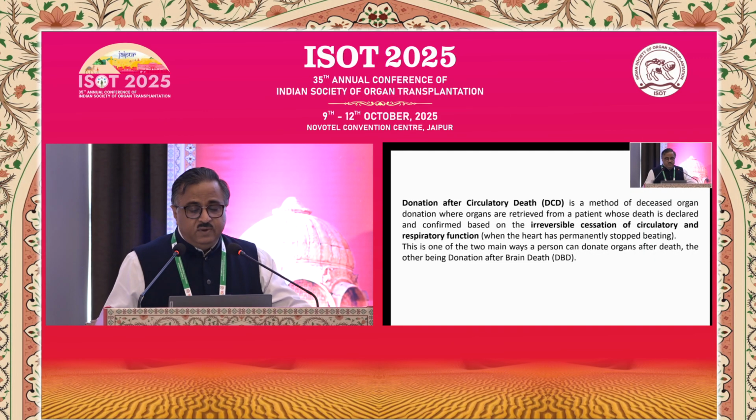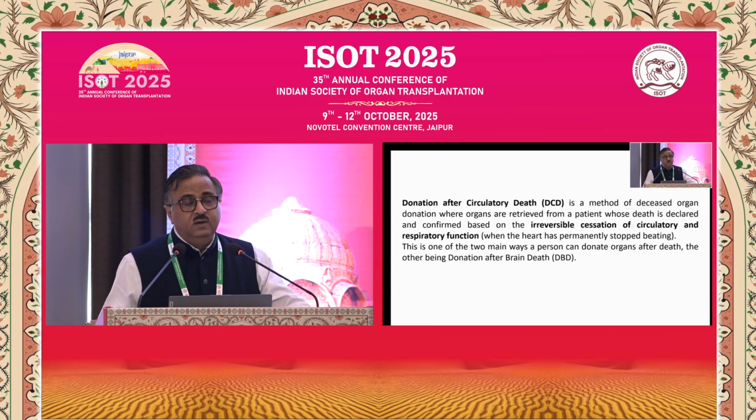So donation after circulatory death is a method of deceased organ donation where organs are retrieved from a patient whose death is declared. It means what we do every day with so many CPCRs, and we see that after CPCR we say that now the patient is dead.